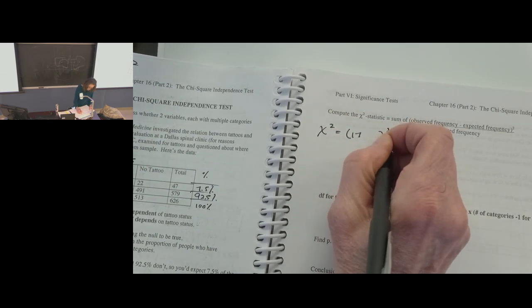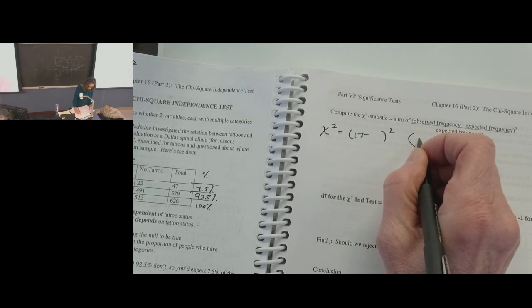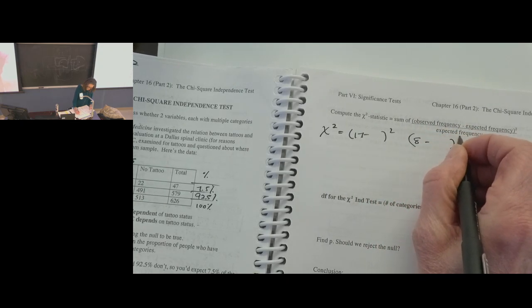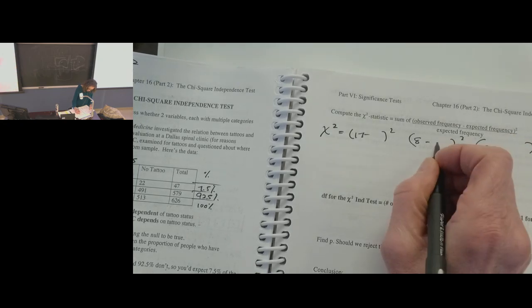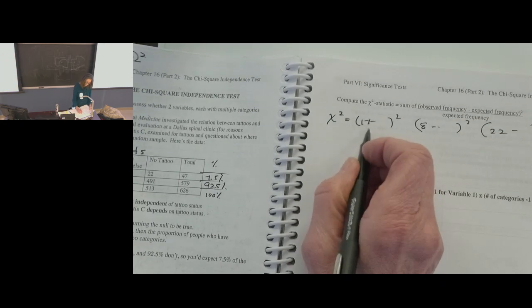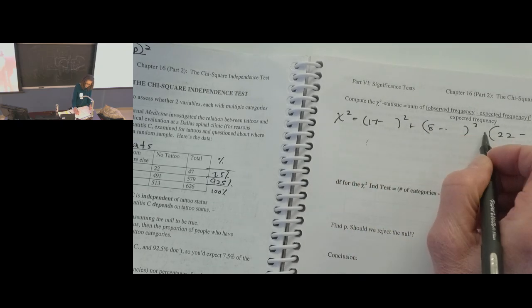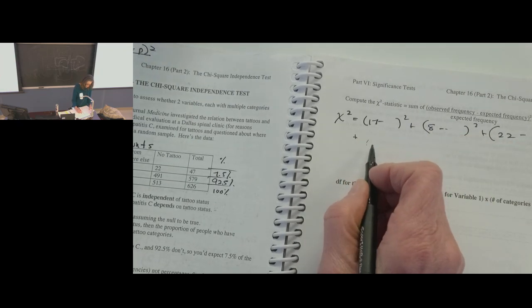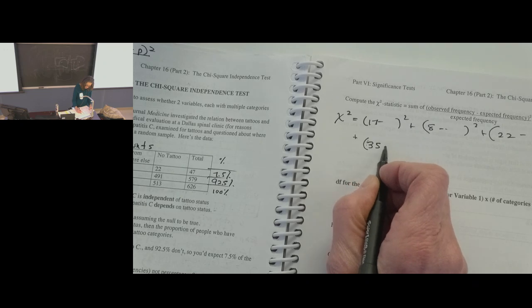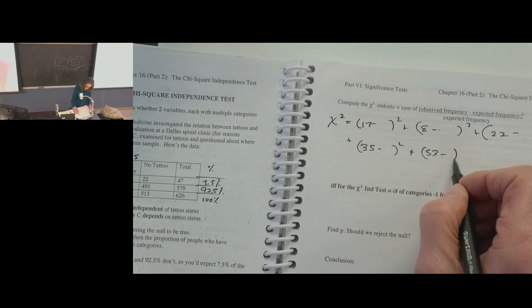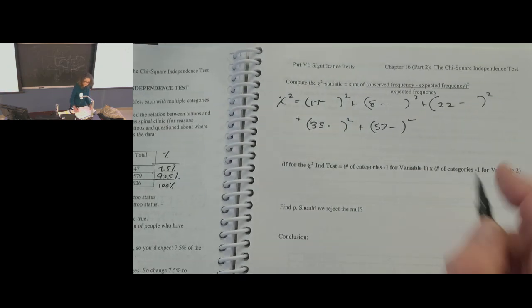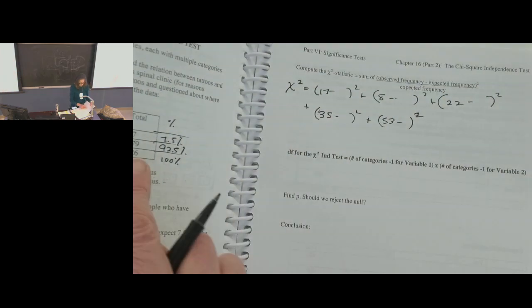I'm going to square them: 17 squared, 8 squared, and 22 squared, each minus the expected. We're going to add those up. And the next row is going to be 35 minus our expected, squared, plus 53 minus the expected, squared. And what's our last one? Our last one is this 579.